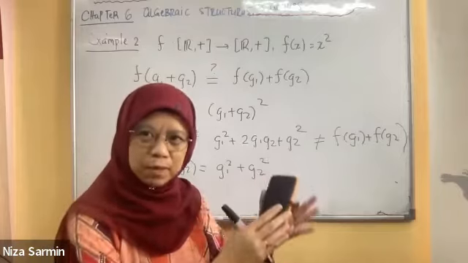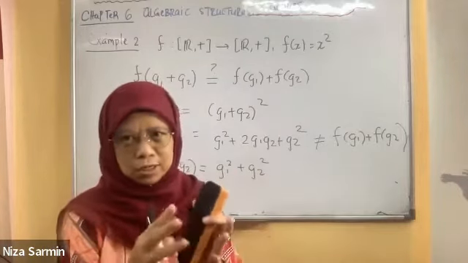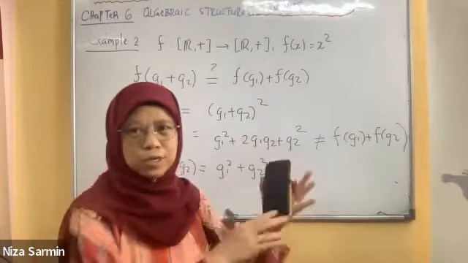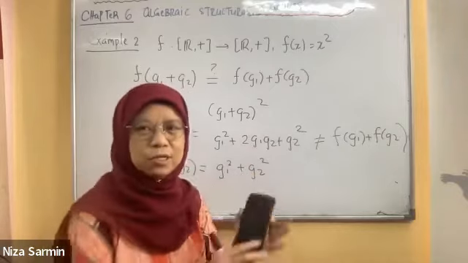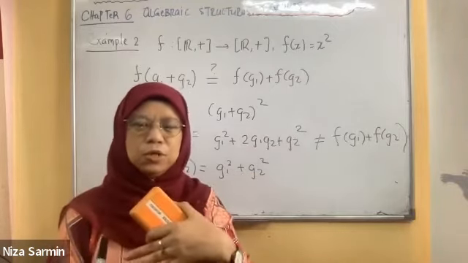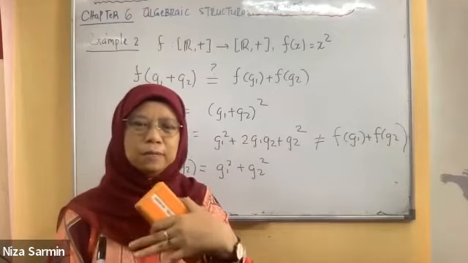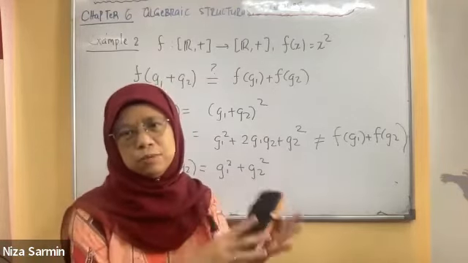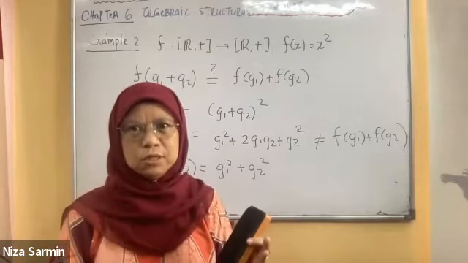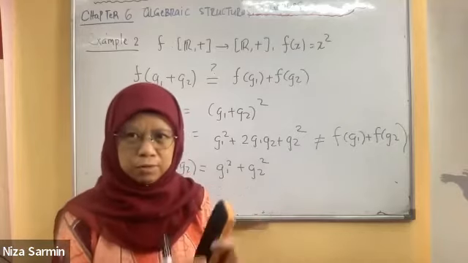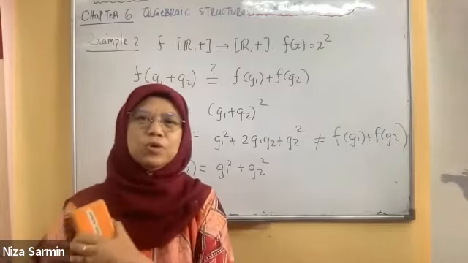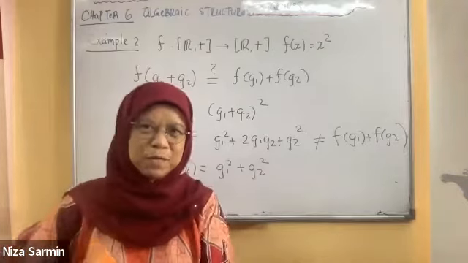So you can start from the left, equal to the right, or you can start from the right and show they are equal. Okay, the best mathematical way is to start from the left and show it is equal to the right, or you start from the left and show it is not equal to the right because the right is equal to something else.